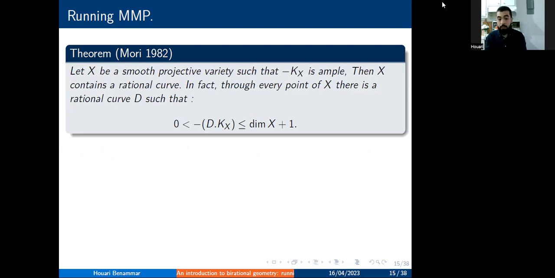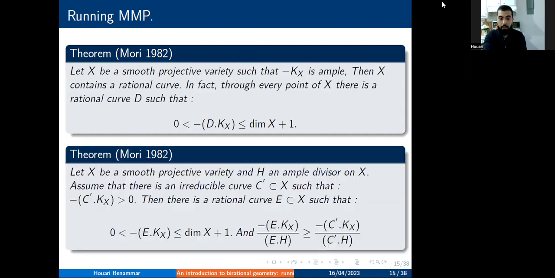So Mori said that for this type of variety, X has a rational curve, and for any point of X we can find a rational curve such that the intersection of this curve with minus K_X is less than the dimension of X plus 1. So by this theorem he could see the geometry of rational curves on projective varieties.